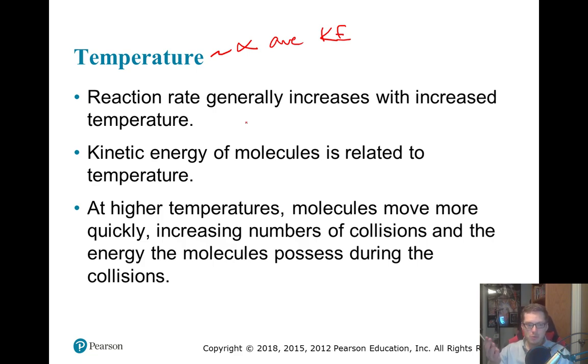Number one, there'll just be more collisions because they're moving faster, and so they'll hit more often in the same amount of time. And then number two, they'll also have more energy, so that when they hit each other, their collisions will have enough energy to overcome the activation energy, and so you have more reactions. Okay, more successful collisions there.